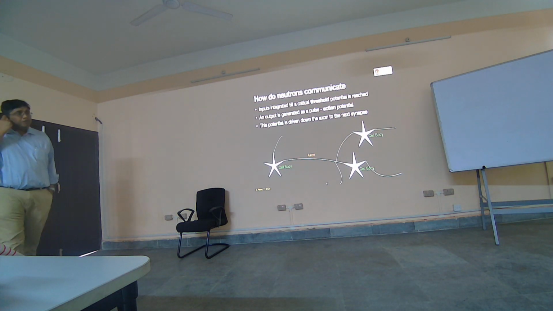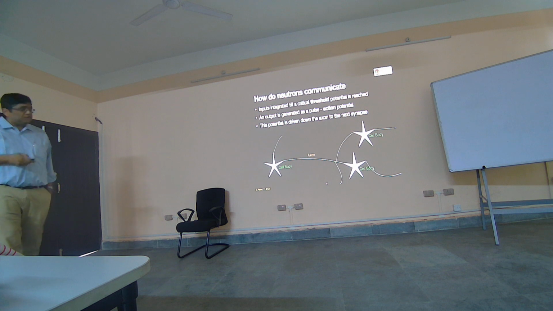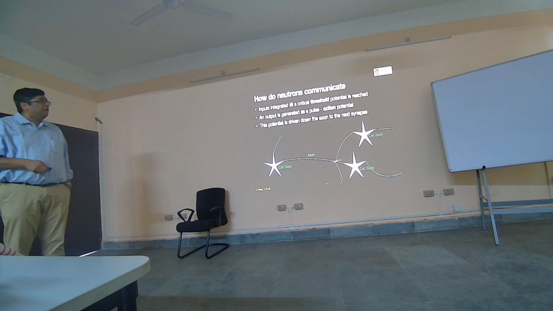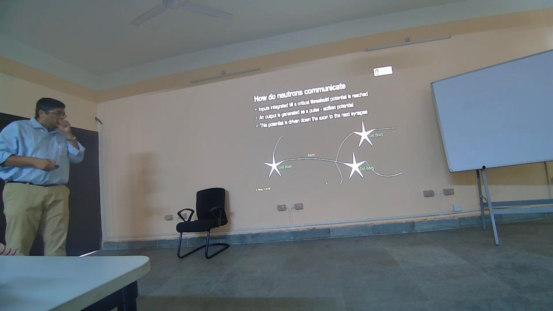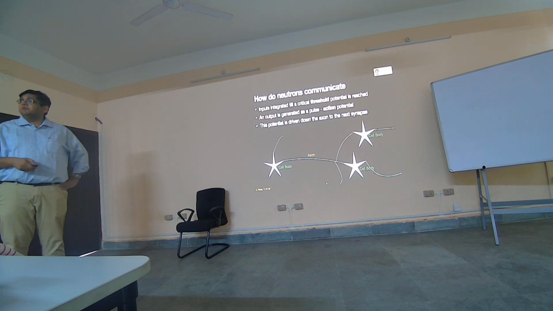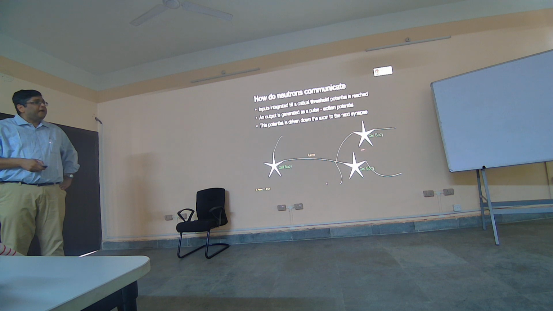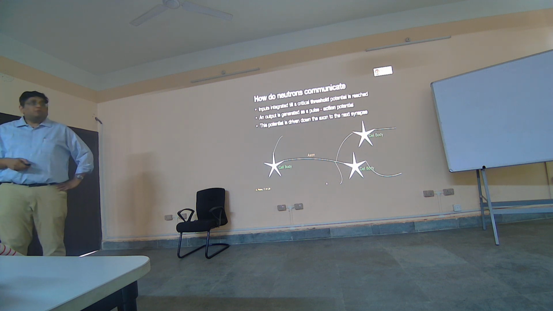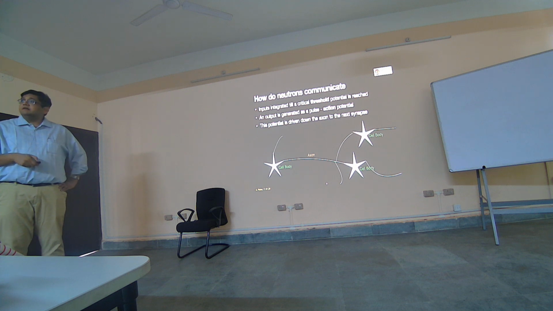So how do neurons communicate? So let's think about a simple neuron. Ideally, the input system has multiple inputs, right? And the way the output is generated in a neuron is that the output is not generated as a linear sum of this.